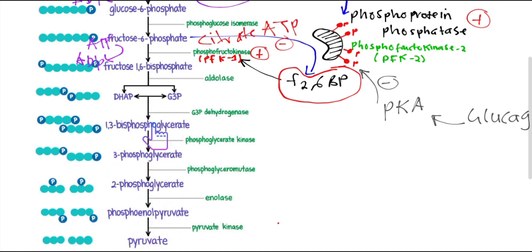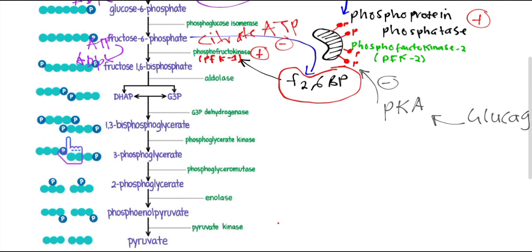So how many are we producing at the end of the day? From this, we're producing 1 of each of these, and then from that, we're producing 1 of each of these. So we are producing 2. From 1 glucose molecule, we are producing 2 of each of these. For example, 1,3 bisphosphoglycerate, we are producing 2.